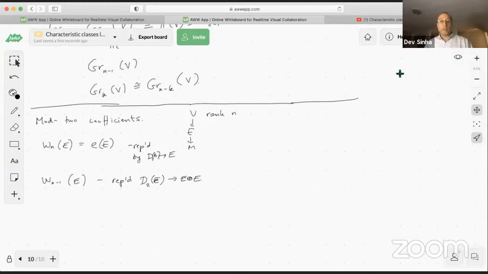This is again just the subspace; you want to think of this as morally the subspace where two sections are dependent.